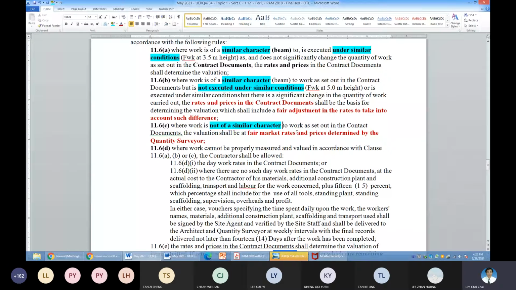So that one is of different character and different condition. So then you have to use this to evaluate. And 11.6d, works that cannot be properly measured and valued. So you can see, when works cannot be properly measured and valued, I give you an example. Demolition.